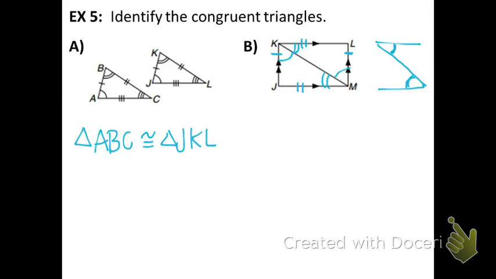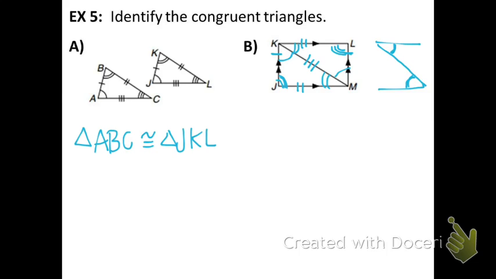There is a theorem, and we haven't learned it yet, but I'm going to tell you we can use it now, that says that if two angles of one triangle are congruent to two angles of another, which is what we've shown with our angles, then the third angles are congruent. So we do have all three sets of angles congruent. We have two sets of sides, and the last side that we can show would be congruent would be this side in the middle.